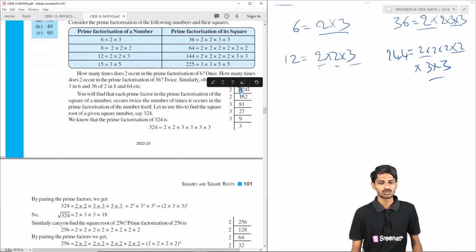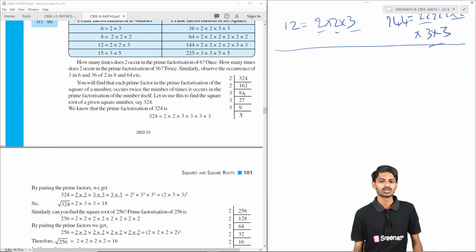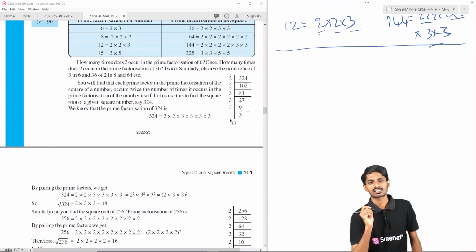324 is the number, and we are going to find the factors for this number.